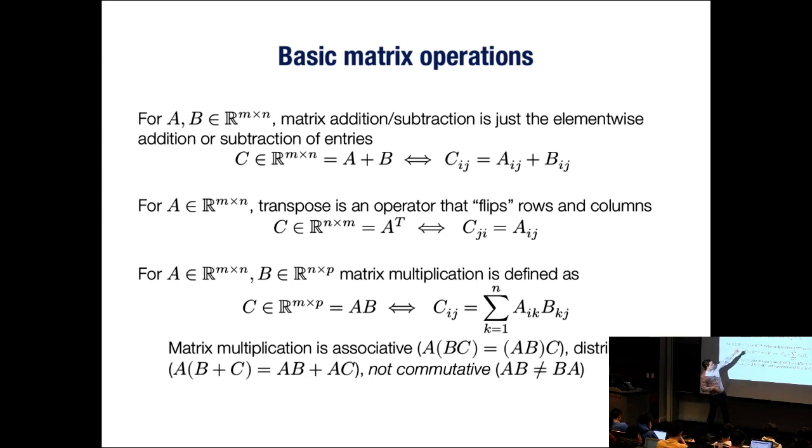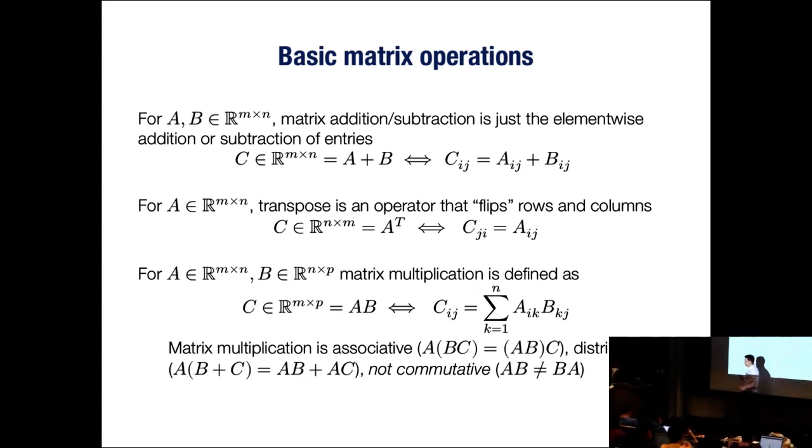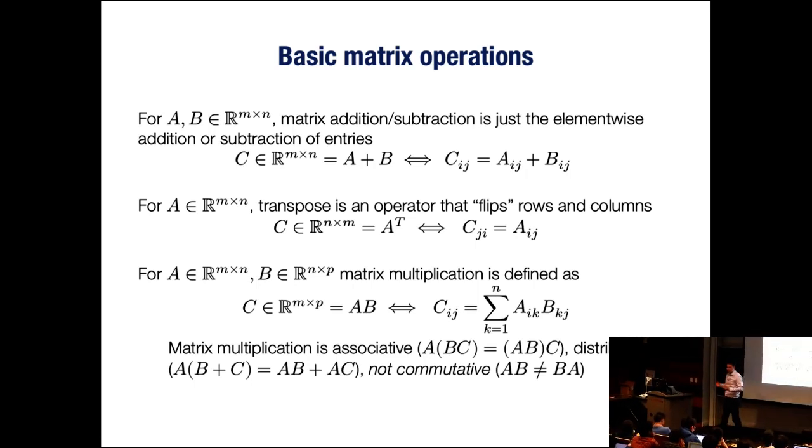Their sum is a new matrix C, where the ij element of C is the ij element of A plus the ij element of B. So exactly what you would think an operation should be. Very important though, matrices you're adding or subtracting have to be the same size.